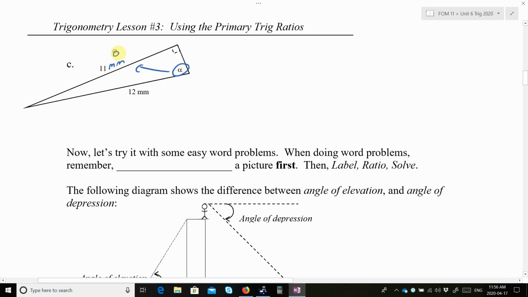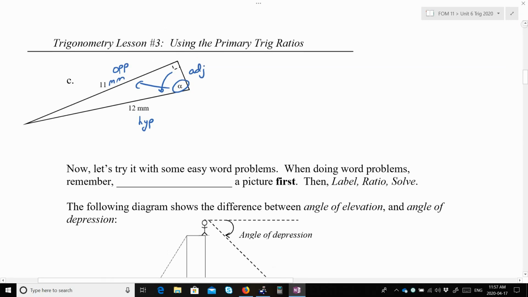Straight across from alpha is the opposite side. Across from the 90 degrees is the hypotenuse, which means this side over here is the adjacent. And we don't have that, so that's not going to come into play. SOHCAHTOA.